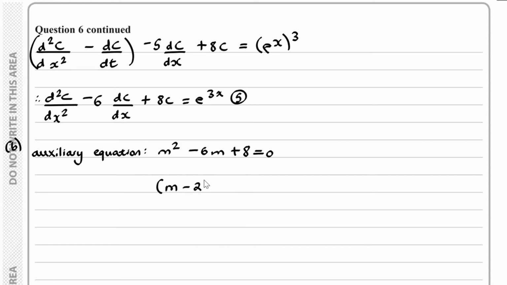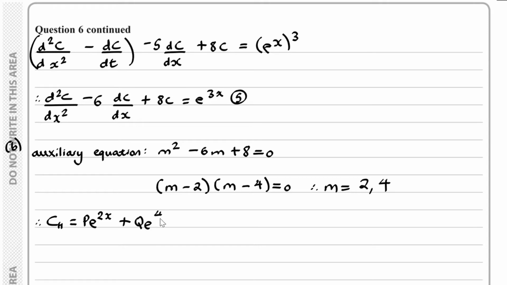Factorising, we have m minus 2 lots of m minus 4 equals 0, from which we see m is equal to 2, m is equal to 4. We have two distinct real roots, and therefore our homogeneous solution is equal to pe to the power of 2x plus qe to the power of 4x.